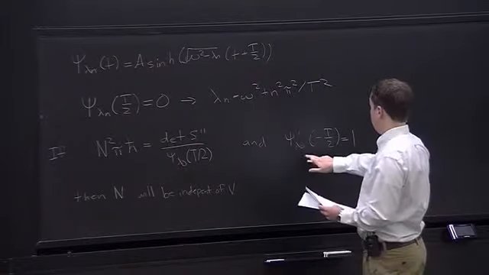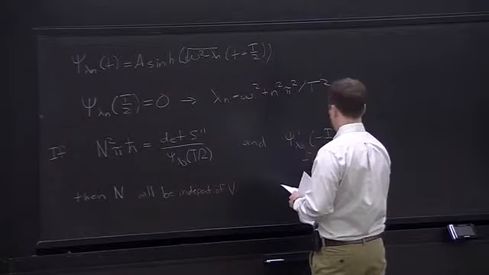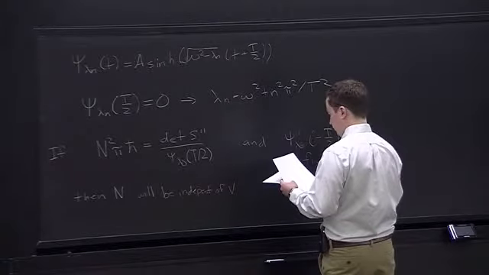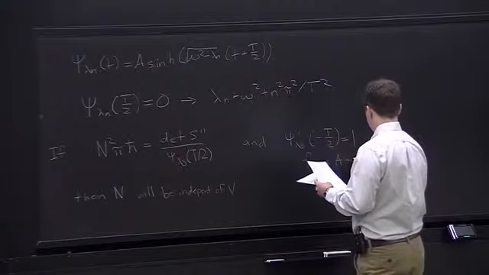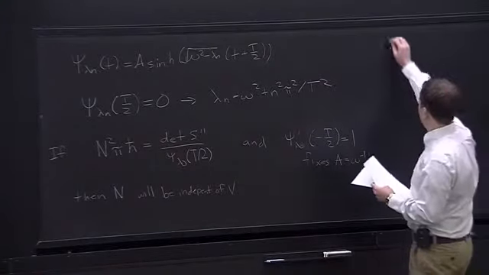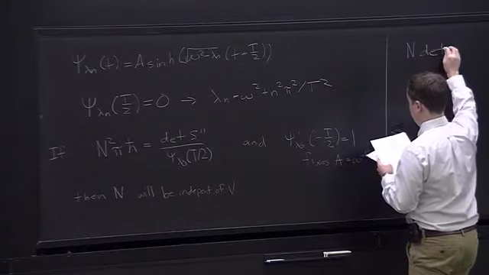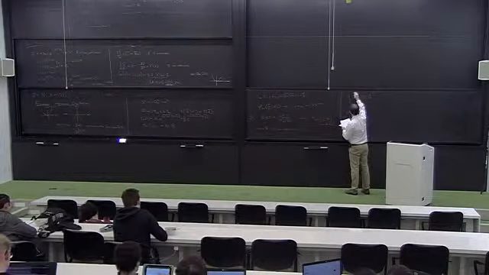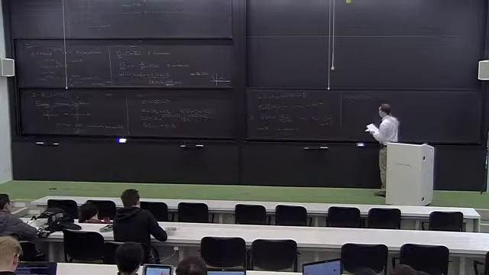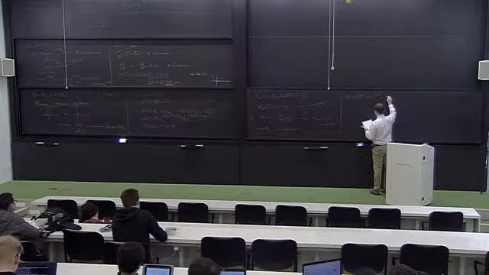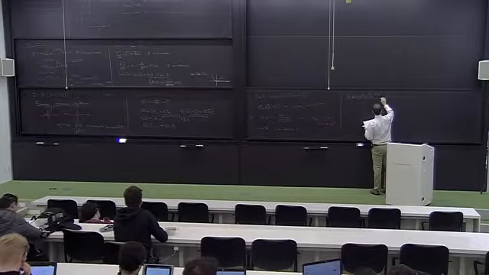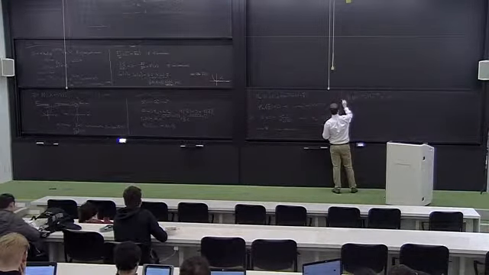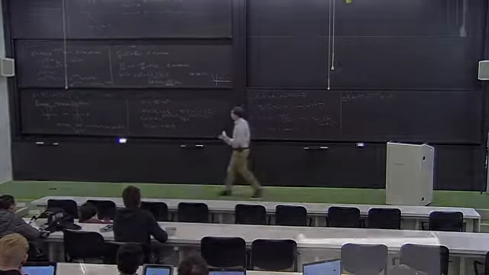So this fixes A to be 1 over omega. And so we get that N times the determinant to the minus a half is just, in the limit as T goes to infinity, which is all we really care about, because if we want to compute the ground state energy, we want to take the limit that T goes to infinity to get rid of all of the other terms here.